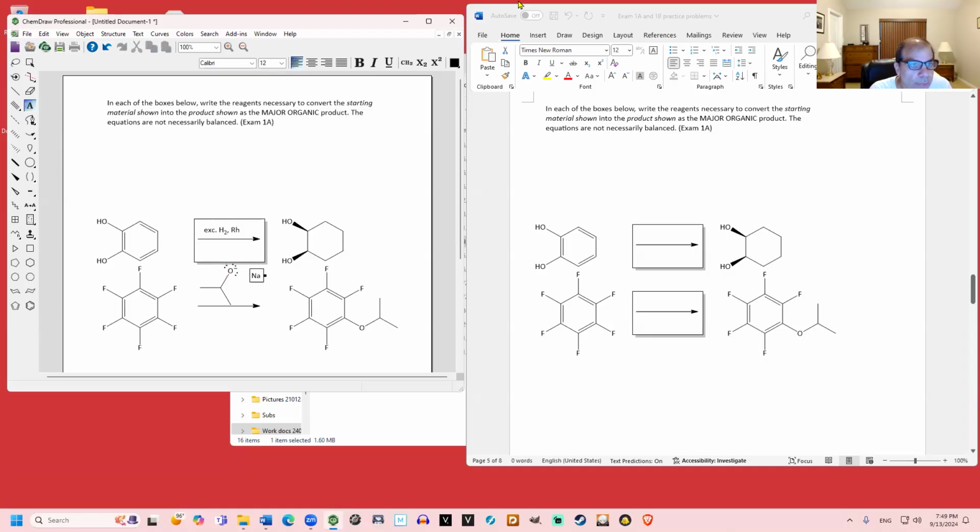You don't even really need to write the sodium, I don't think. But probably the counter ion is sodium. That's the most common one. And then for a solvent, the most logical one is the conjugate acid, isopropanol. So those are the two reagents I would use in this nucleophilic aromatic substitution. We'll learn the mechanism of that on Monday. They're all the same mechanism. And we'll go over this reaction then.